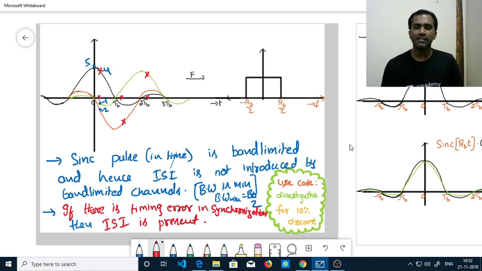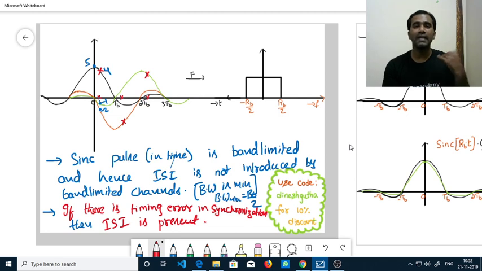If there is error in synchronization, which means you are understanding the timing wrongly, which means you are sampling at wrong places, definitely you'll have a significant amount of ISI. Because of this ISI, what happens? Errors will increase. Earlier, if you were getting only 1 error, now you will be getting 2, 3 errors.